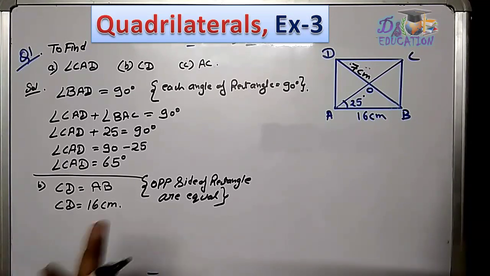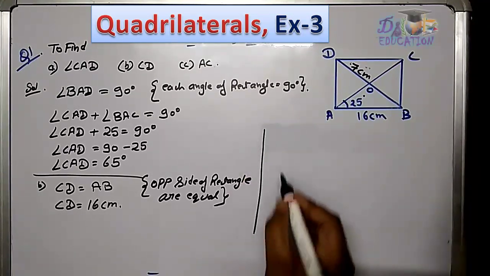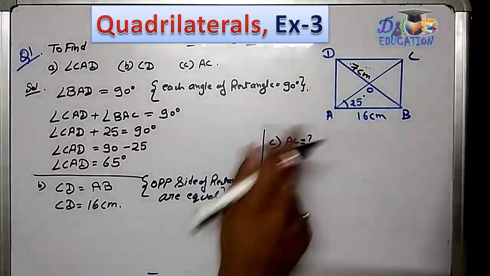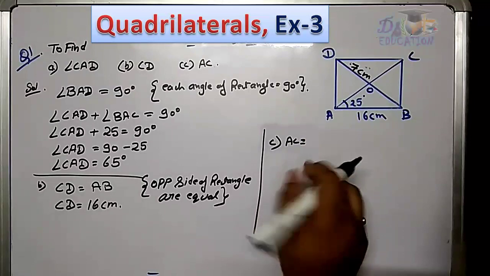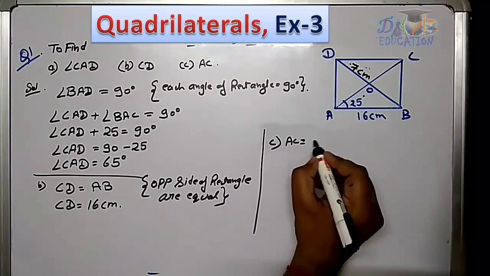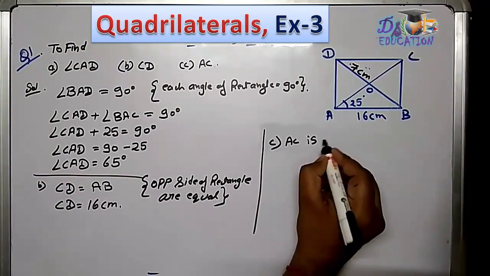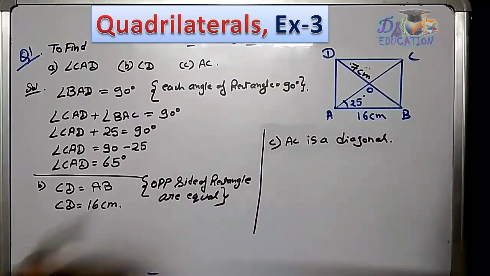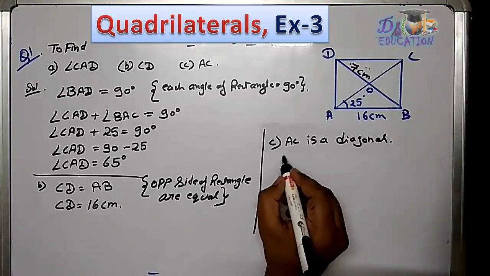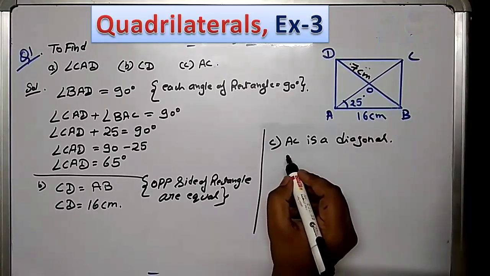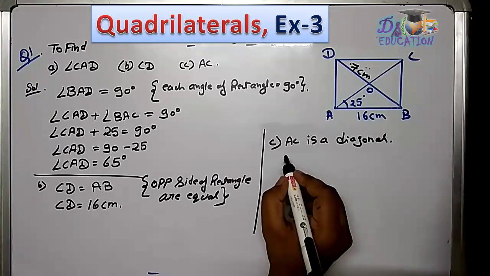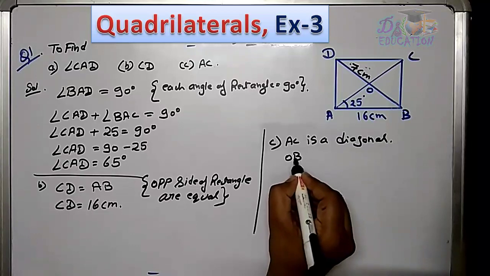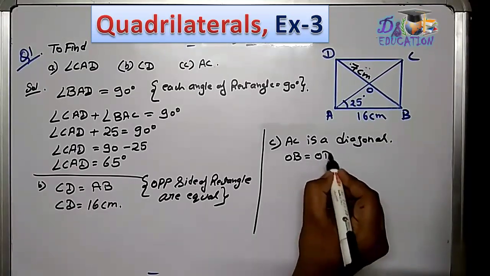Third is AC. So I will move to the third question, that is we have to calculate AC. Now AC is a diagonal, and we know that diagonals bisect each other. Diagonals bisect each other, that we can write OB is equal to OD.